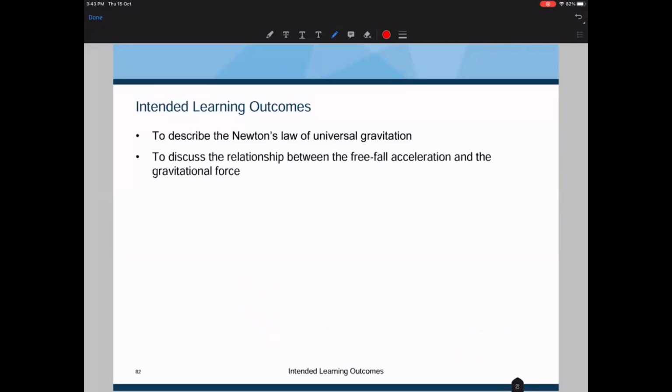So here, we would be describing Newton's law of what we call universal gravitation. It is universal, meaning that all objects in the universe, as long as they have mass, have gravitational forces between them. And we would try to establish the relation between the free fall acceleration, that is g, the acceleration due to gravity, and the gravitational force.